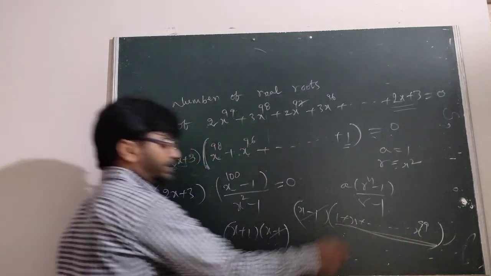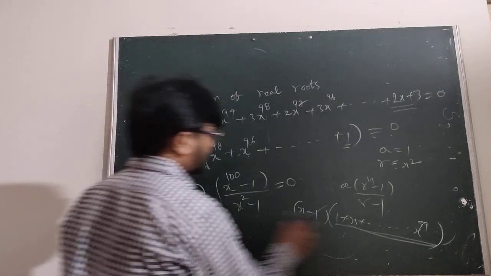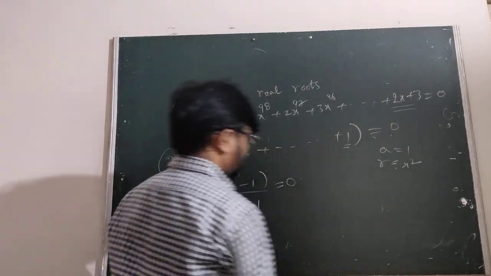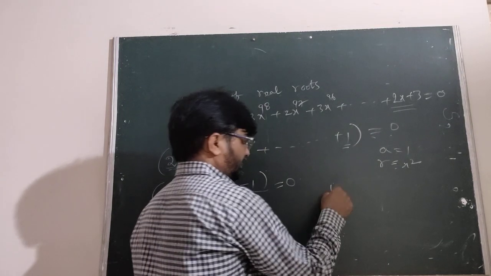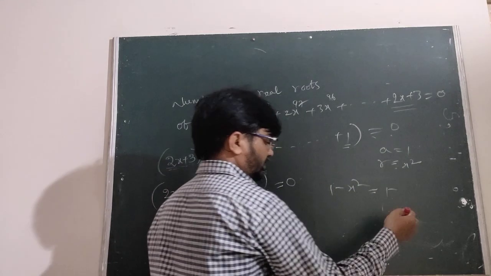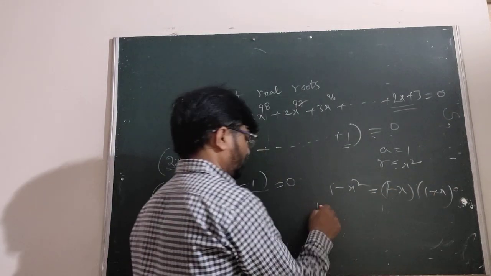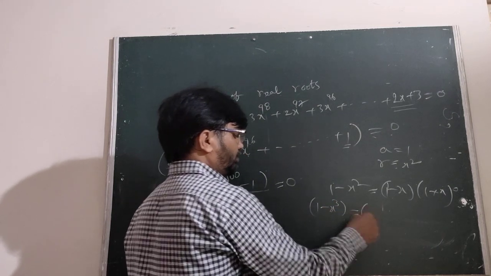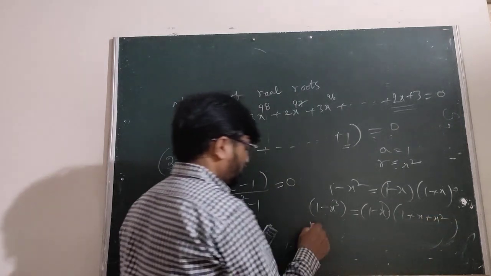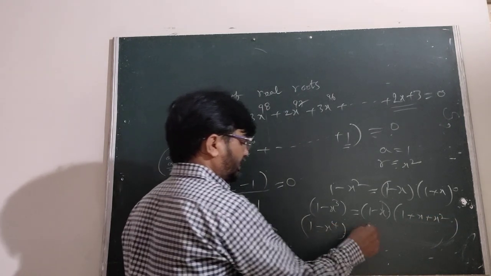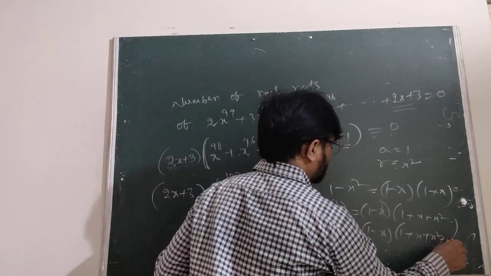This undoubtedly has imaginary roots, because we know that 1 minus x square can be written as 1 minus x into 1 plus x. 1 minus x cube can be written as 1 minus x into 1 plus x plus x square. 1 minus x power 4 can be written as 1 minus x into 1 plus x plus x square plus x cube.